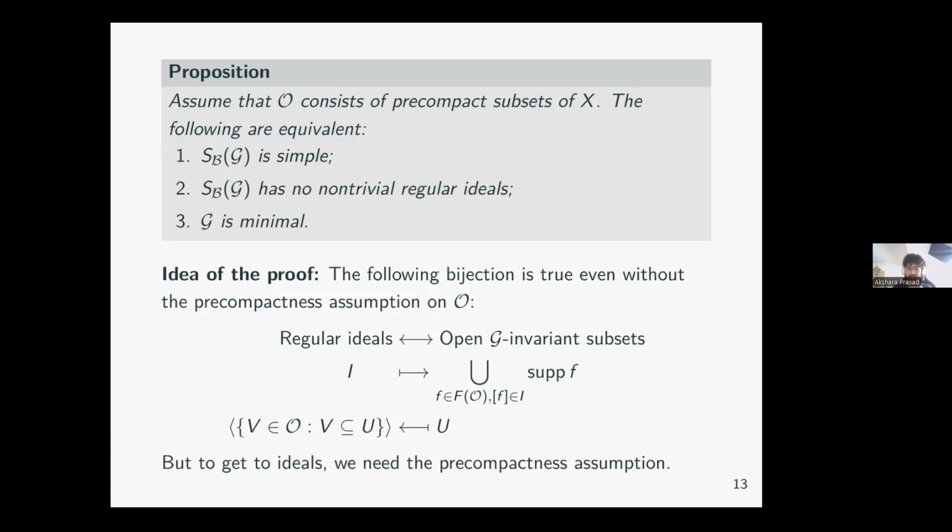That will be a regular ideal. So this correspondence is true even without assuming precompactness on elements in O. But to get to ideals from regular ideals, we need the precompactness assumption, and this is actually needed for our later results.